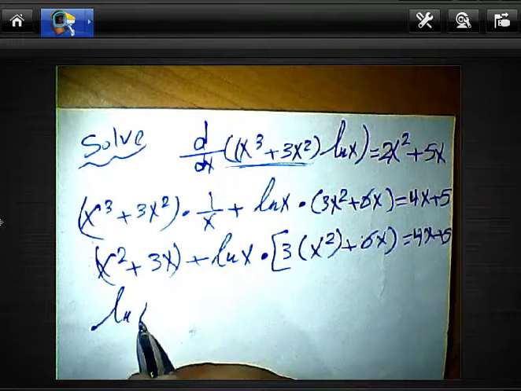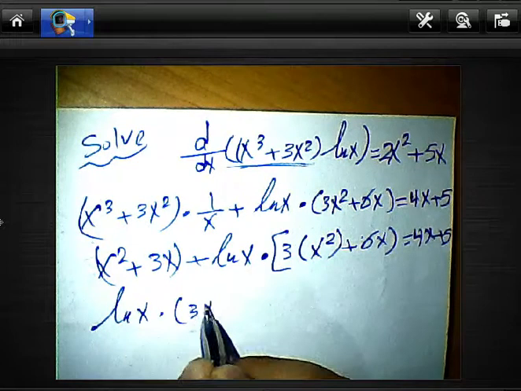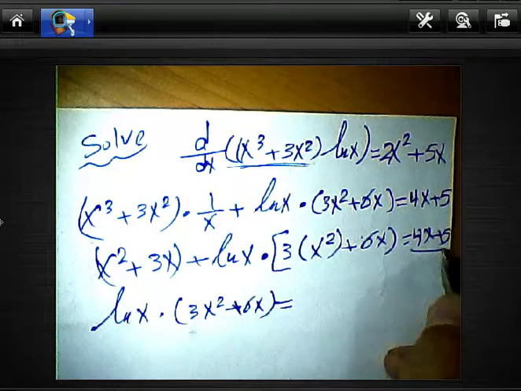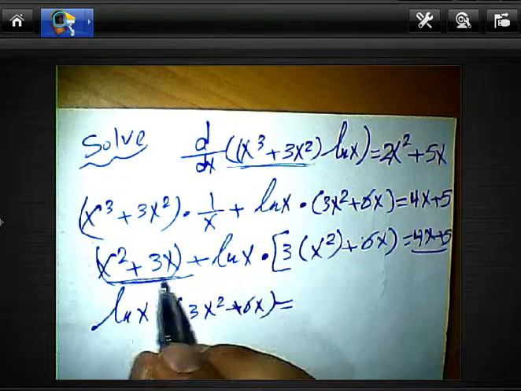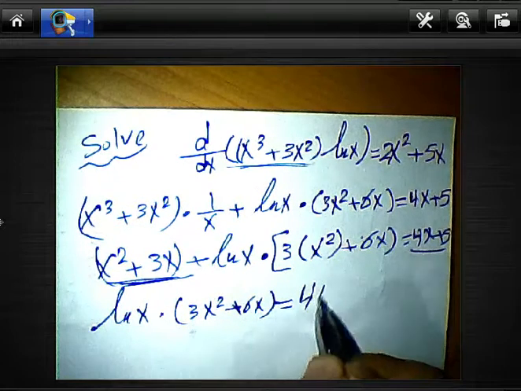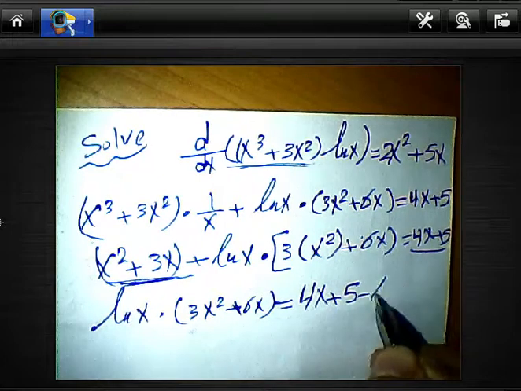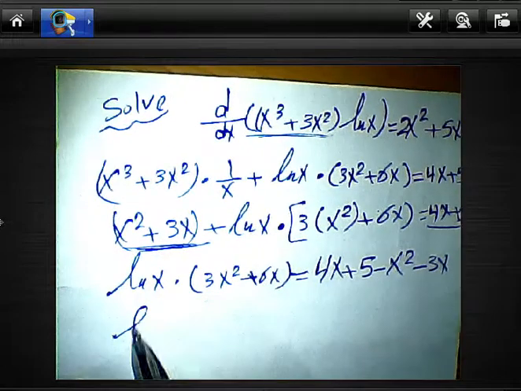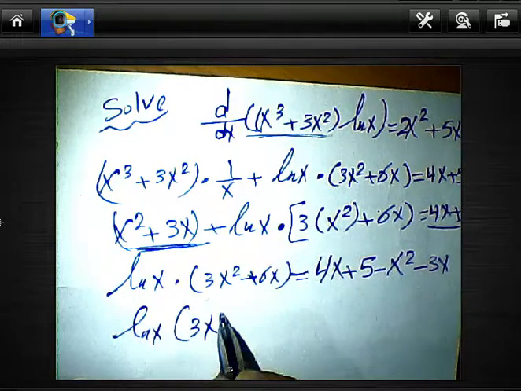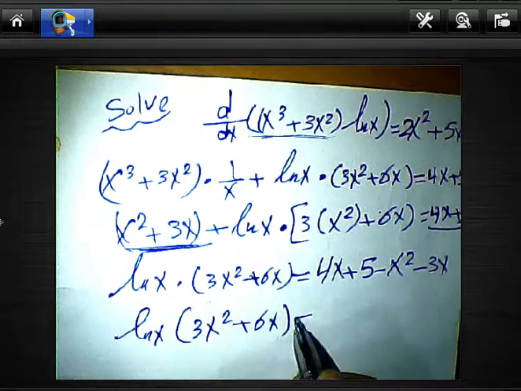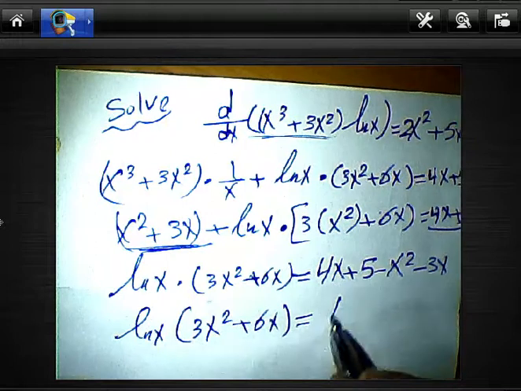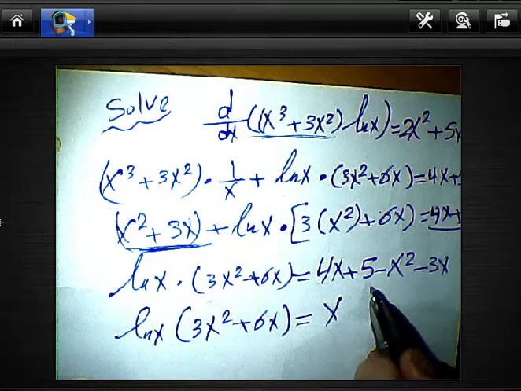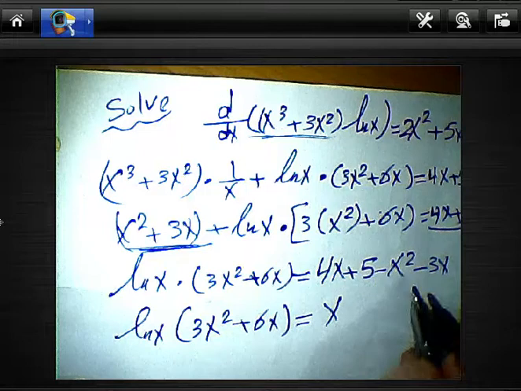So ln of x multiplied by 3x power 2 plus 6x equals this expression, 4x plus 5, subtract x power 2 subtract 3x. Then ln of x multiplied by 3x power 2 plus 6x equals 4x subtract 3x equals x, and we have 5 subtract x power 2.